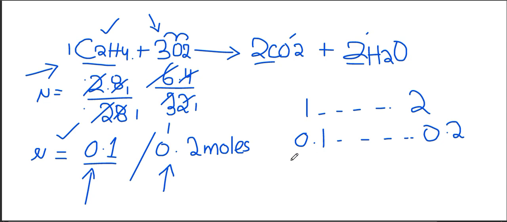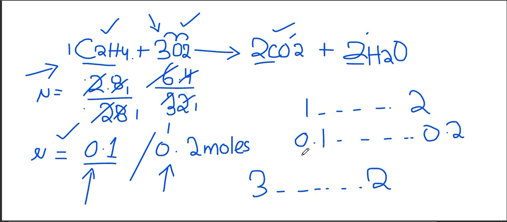Similarly, on the other hand, O2 and CO2: according to the balanced chemical equation, 3 moles of O2 give 2 moles of CO2, carbon dioxide.